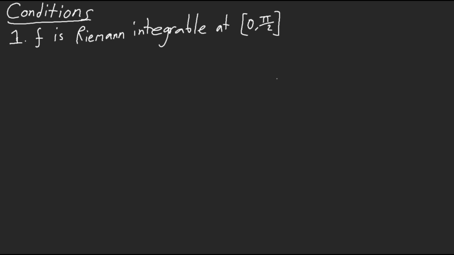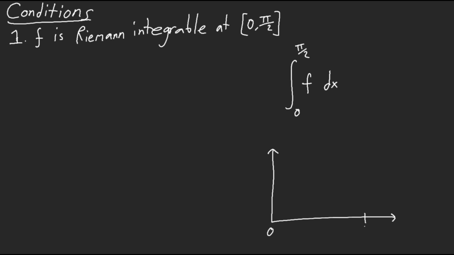In general, it just means that whatever function you have, it just needs to be integrable. That's it. This function just needs to be integrable from 0 to pi over 2. It doesn't have to be exactly continuous.